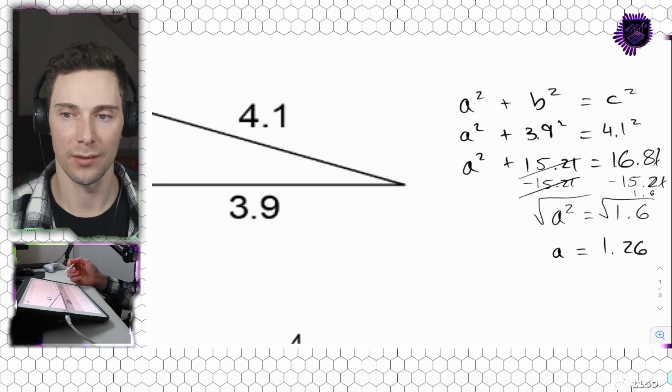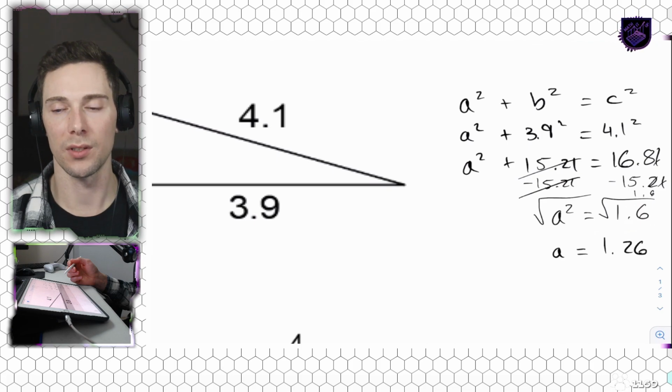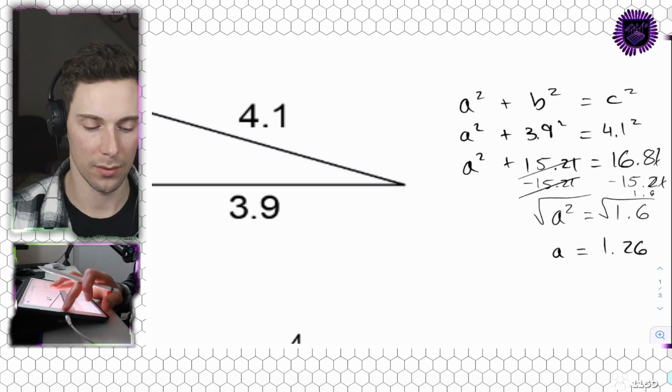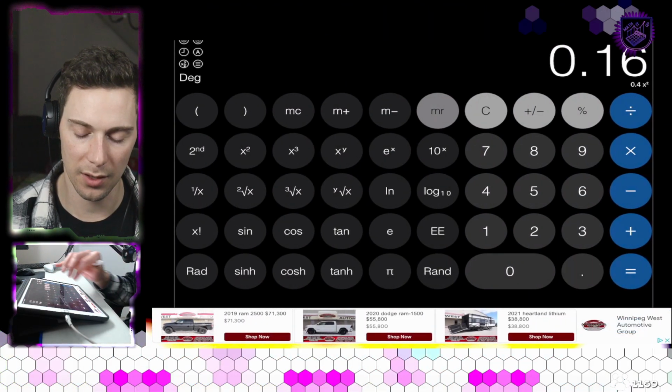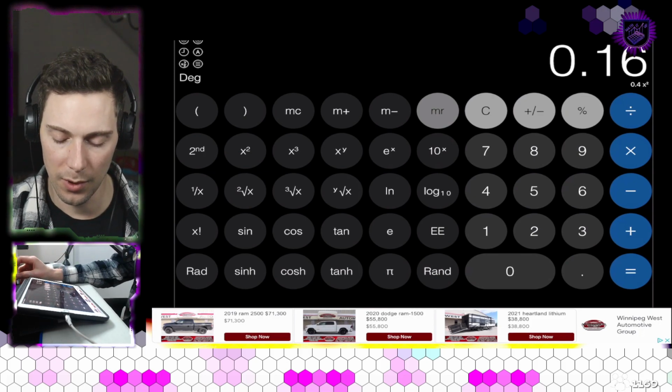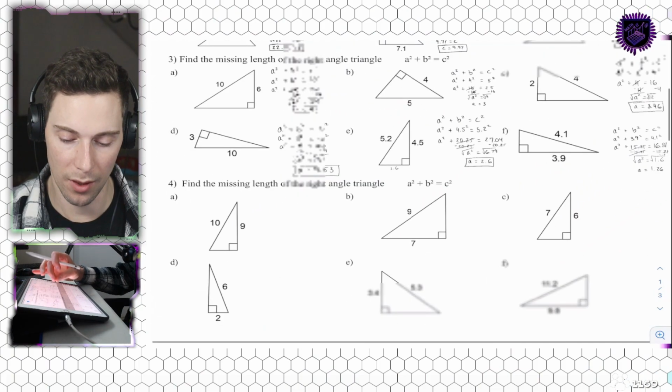You get 0.16. What? 0.4 times 0.4. Anyway. Thought for another time.